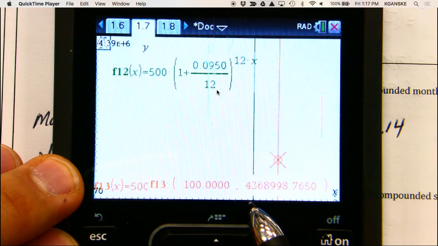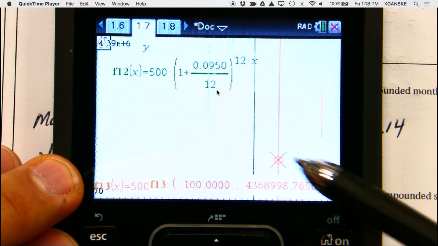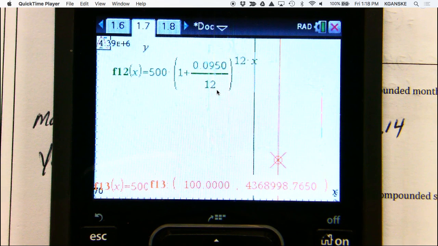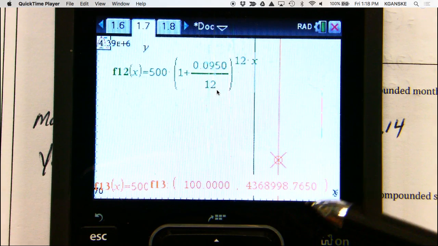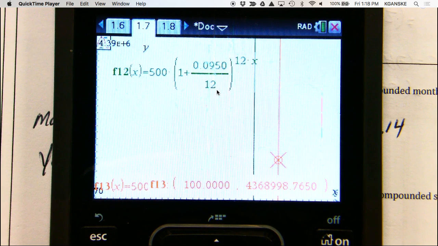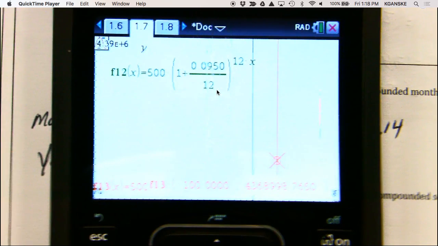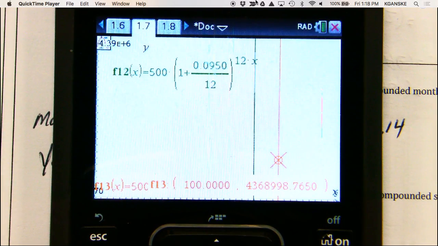So over 100 years, the same interest rate, just getting compounded monthly, is worth about $2.2 million more. But that 500 just sits in there. So if you had $500 and you wanted to make a nice little retirement package for yourself, just leave it in there for the rest of your life and make sure you get 10% interest on it. You'll have $6 million at the end. All right? That's it. That's all I got to say about that.